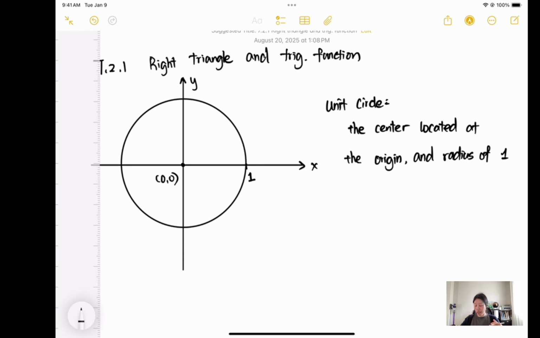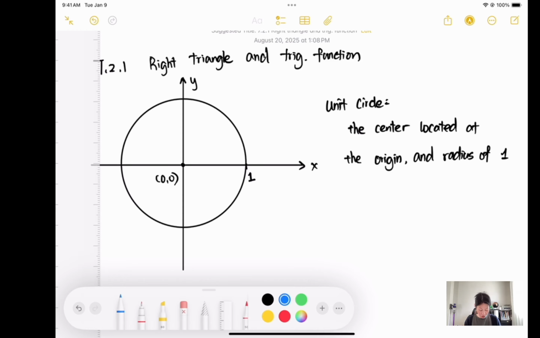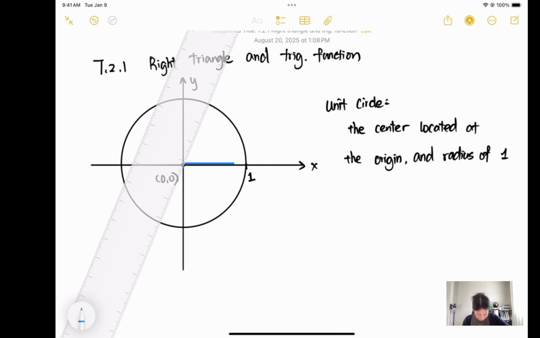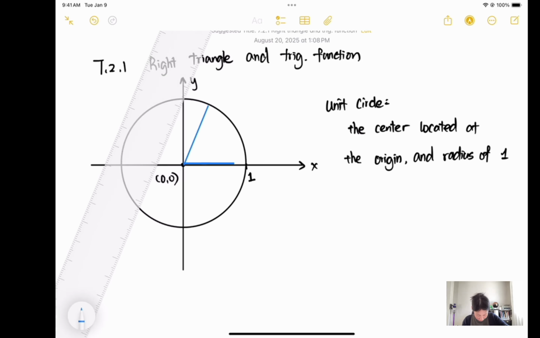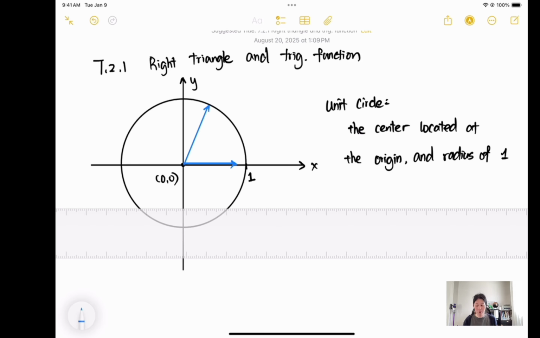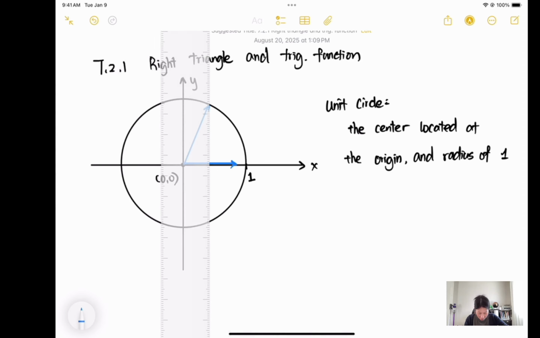Then if we have an angle in standard position, such as this one, and with this angle we can form a triangle inscribed in the unit circle, then we will have our right triangle.